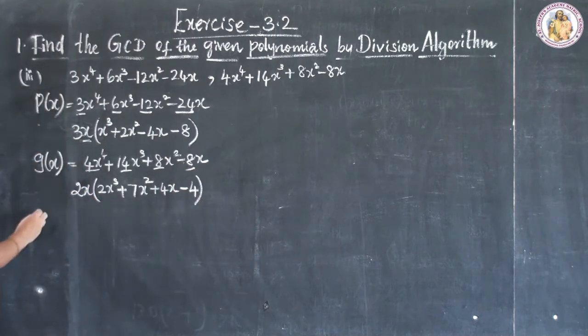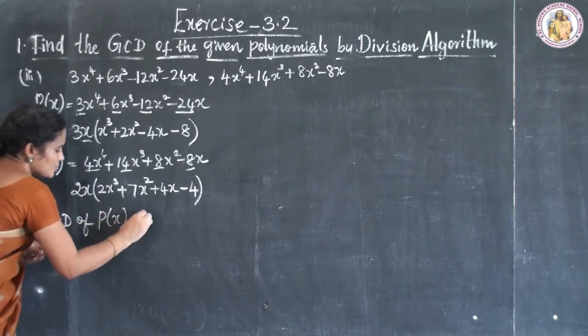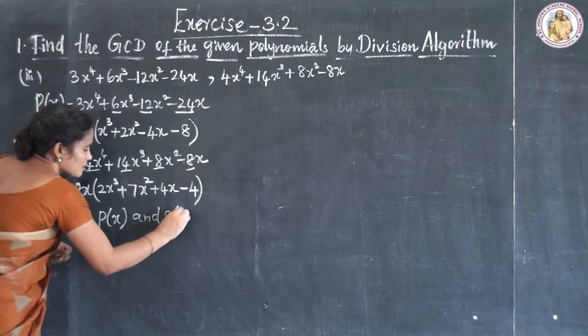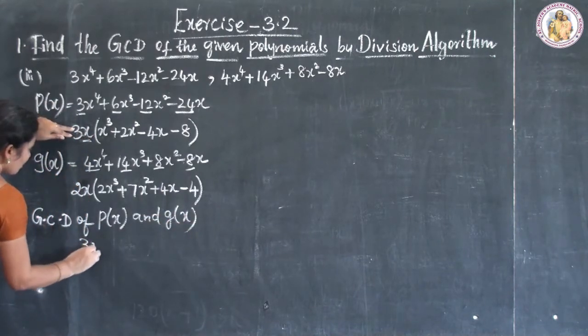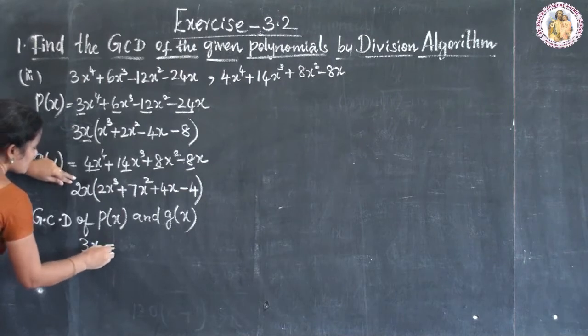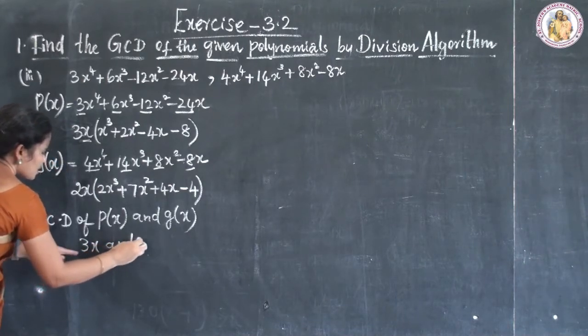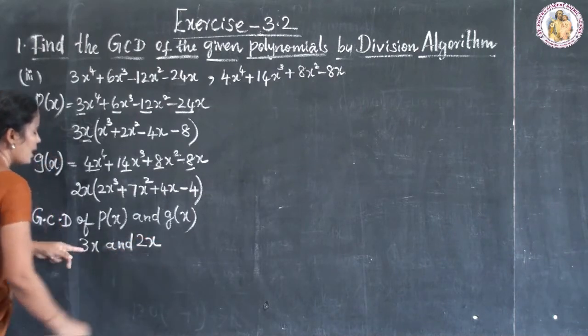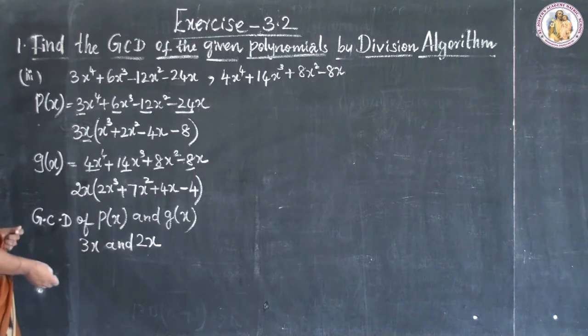Okay, now you can write GCD of p of x and g of x. For p of x we got 3x and here we have 2x. So for this common it is 3x and 2x.